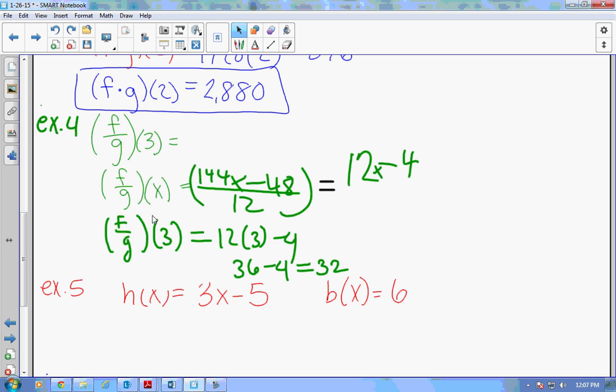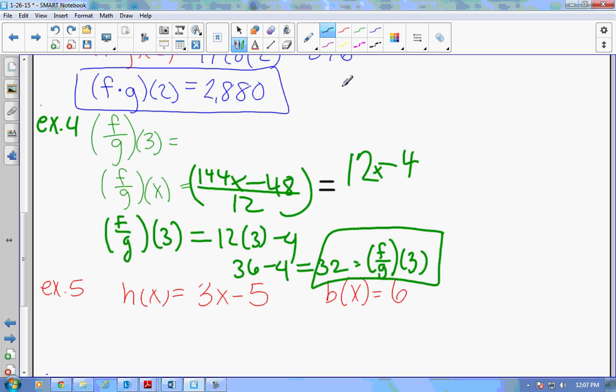Yep. Okay. All right. Good. And if we could also on the end of it put equals f over g evaluated at 3, that would be awesome. But yes, 32. One more, Colby, and then I'll let you go to the bathroom. Or drink, whatever it was.